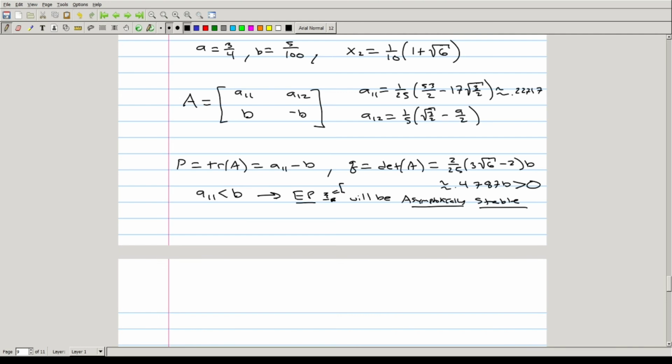Remember, this is specifically the point x2, x2. And if B is less than A11, this equilibrium point will be unstable, because this will mean that the trace is positive.